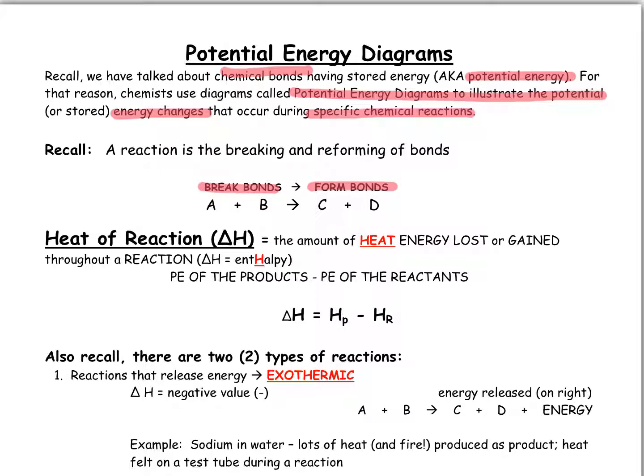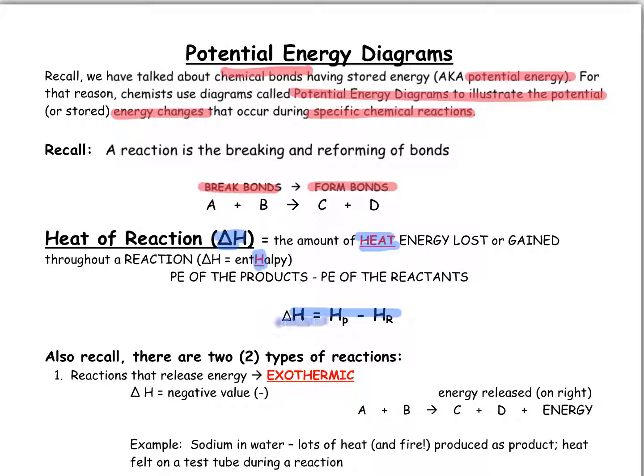The heat of the reaction, then, is the amount of heat energy lost or gained throughout the reaction. So think of the H in delta H as representing heat. We have enthalpy: the potential energy of the products minus the potential energy of the reactants.